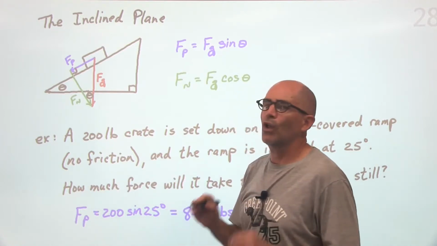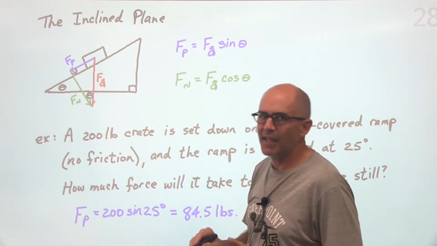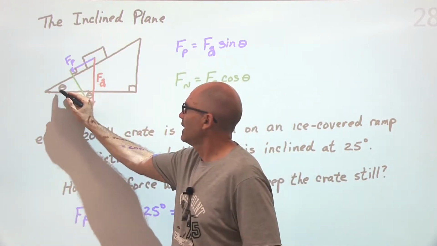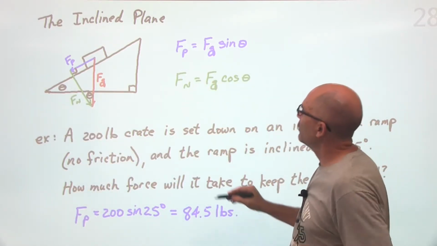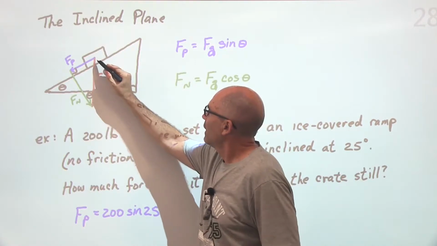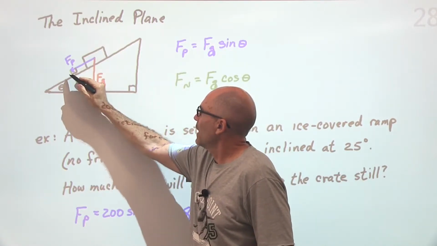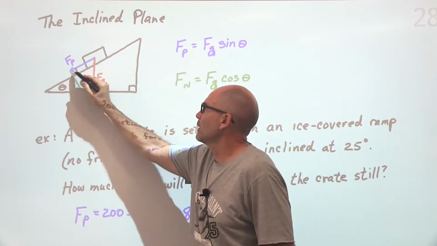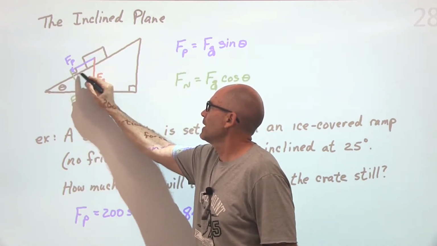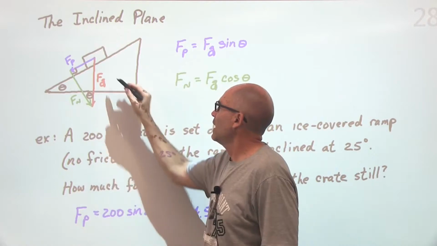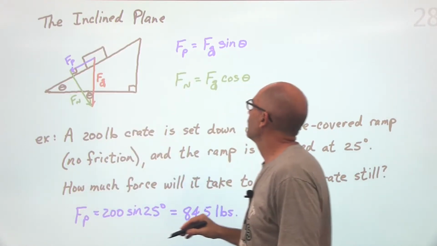That angle will always be the same angle as the incline. So if I look at this triangle, the force parallel to the ramp and the force normal to the ramp are perpendicular. So there's a right triangle, and gravity is the hypotenuse.